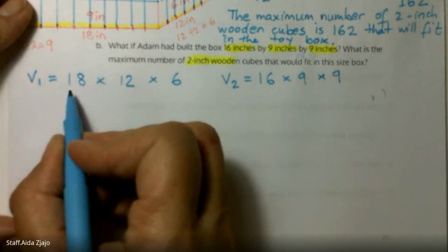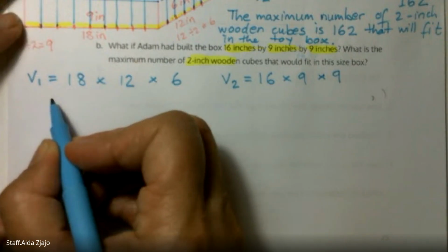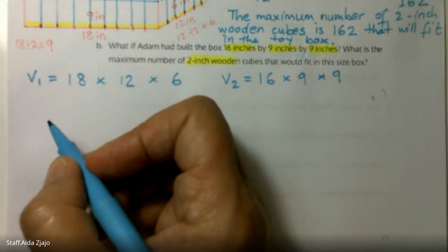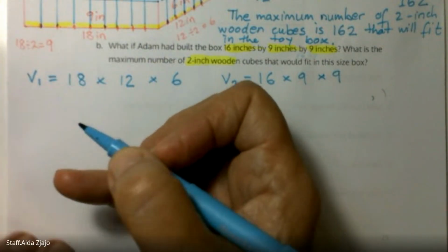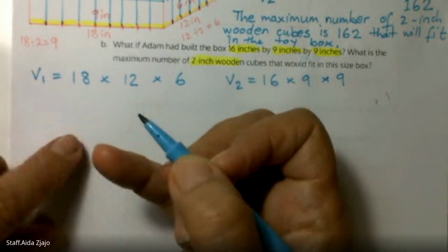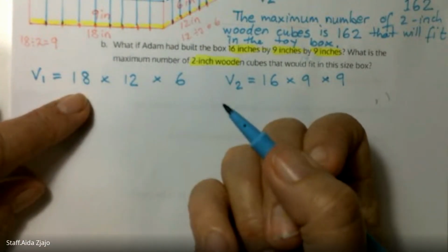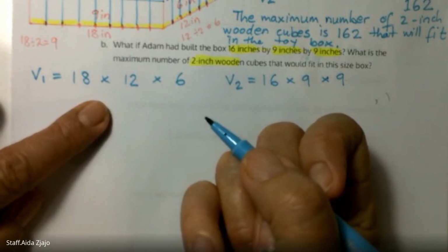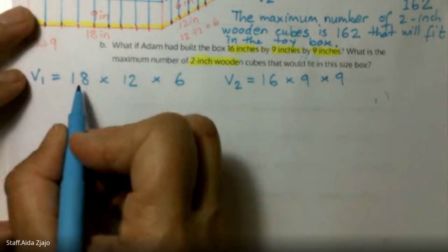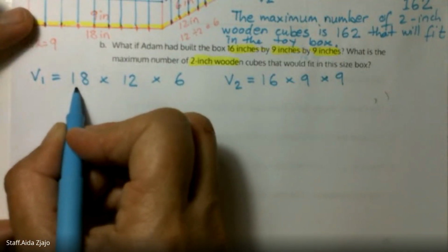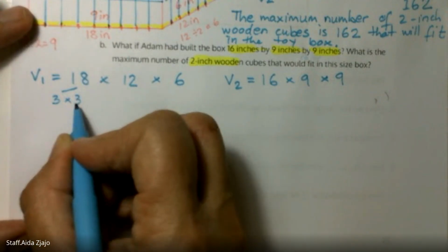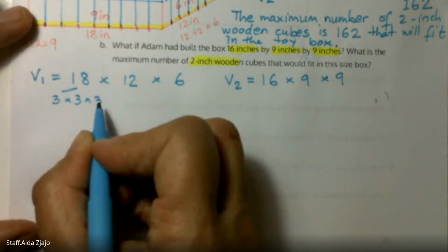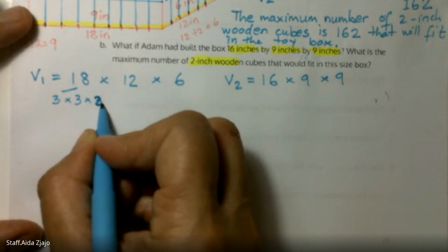Of 18, we could do 3 times 3, that's 9, and 9 times 2 is 18.